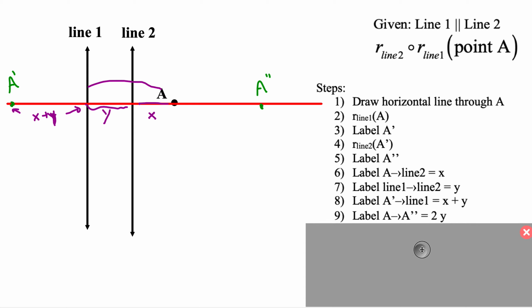All right. Now, A to A double prime, 2Y. Here's the Y and wherefore. So when you are actually doing the reflection, from A prime to here has got to be the same from here to here, right? So what is this distance?